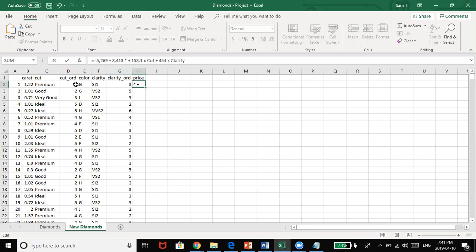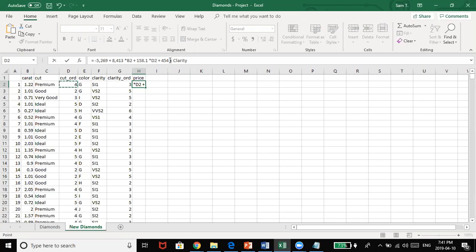So I'm going to multiply it by the carat, which is this, plus 158.1 multiplied by the clarity, which I'm going to do here, multiplied by the clarity, which is this, because the clarity right here is a categorical variable, but they've already changed it in this case to an ordinal variable. So assuming this equation is applicable, we can use this format.